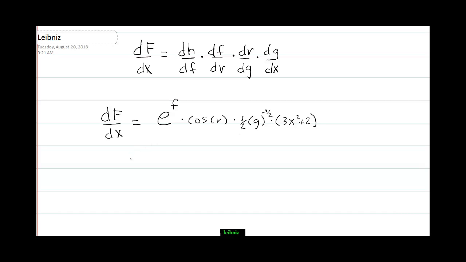Then finally substituting back all the original variable x, we clearly see that we have an equivalent result. And so I will just write that for completeness sake.